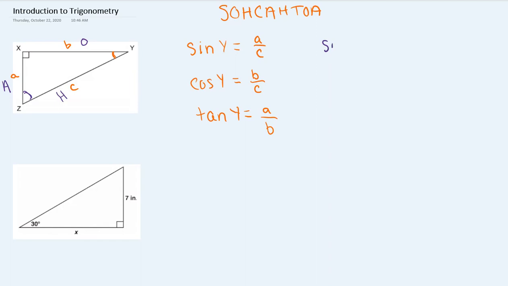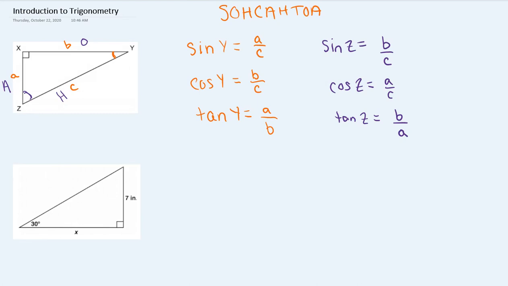So if I did sine of angle Z, opposite of Z would be B, divided by the hypotenuse, which is C. Cosine of angle Z is adjacent over hypotenuse, so that would be A over C. And then finally, tangent is opposite over adjacent. So opposite of Z is B, adjacent is A. So that's an introduction to the trigonometric rules.